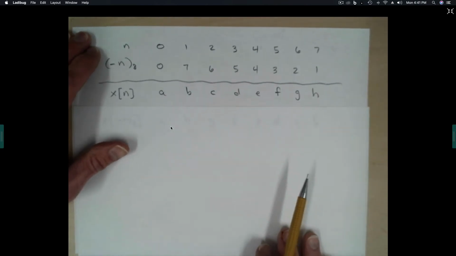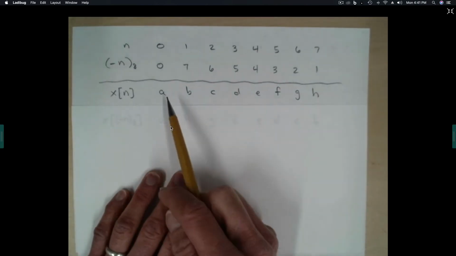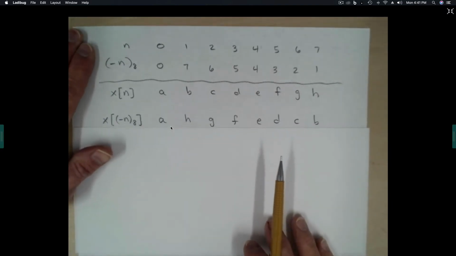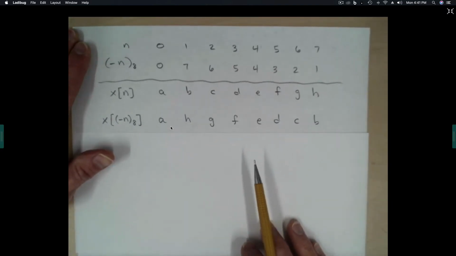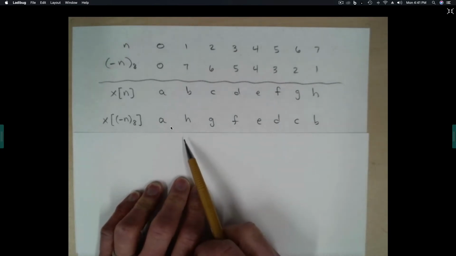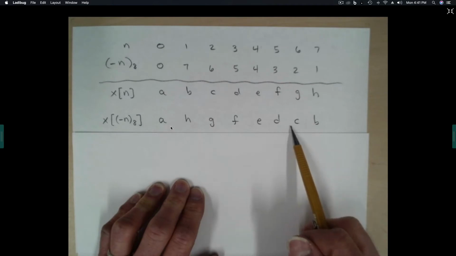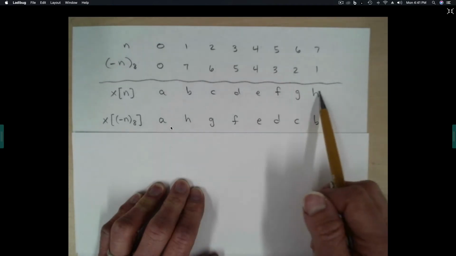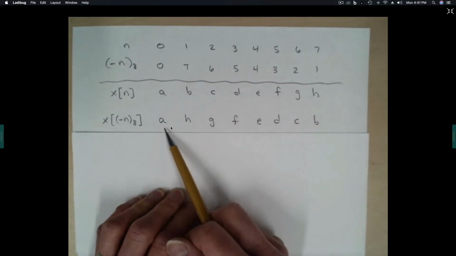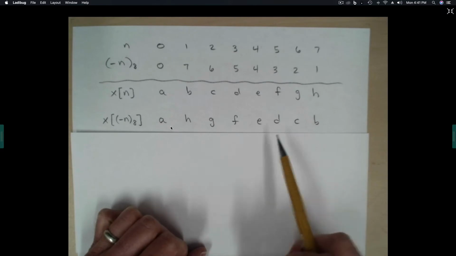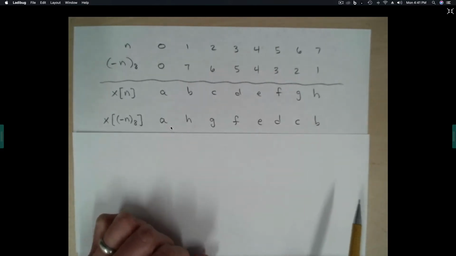So if we had a signal that took on the values A, B, C, D, E, F, G, H, and we were to do a circular time reversal of that sequence, it would be A and then H, G, F, E, D, C, B, which is just the reversal of the rest of the sequence. So in a cyclic time reversal, the 0 indexed sample stays put. All the other samples are reversed.